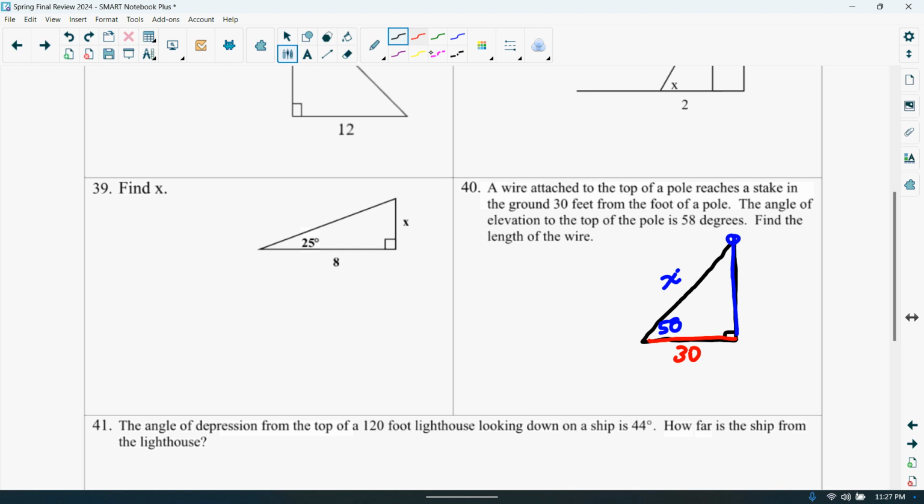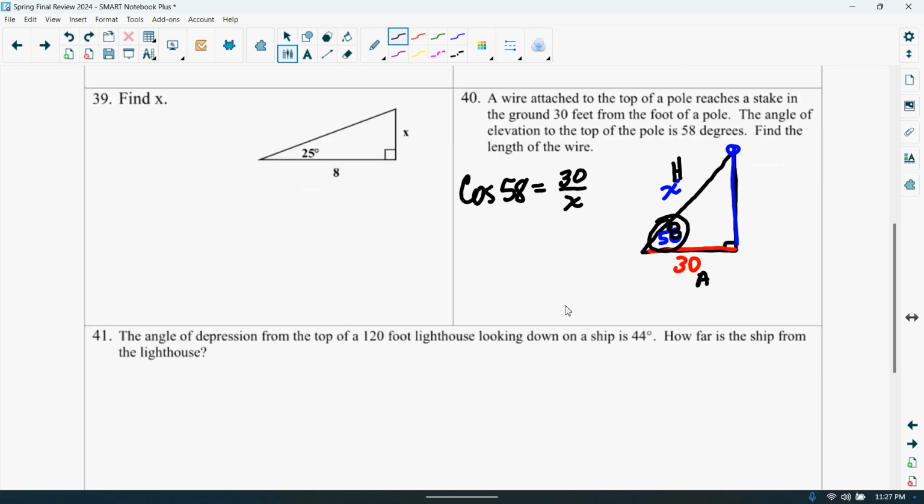So the 58 is our angle, 30 is the adjacent, x is the hypotenuse. So this would be cosine of 58 equals our adjacent over hypotenuse. Again, x is the variable on the bottom, so we have to remember to switch and divide in a situation like that.